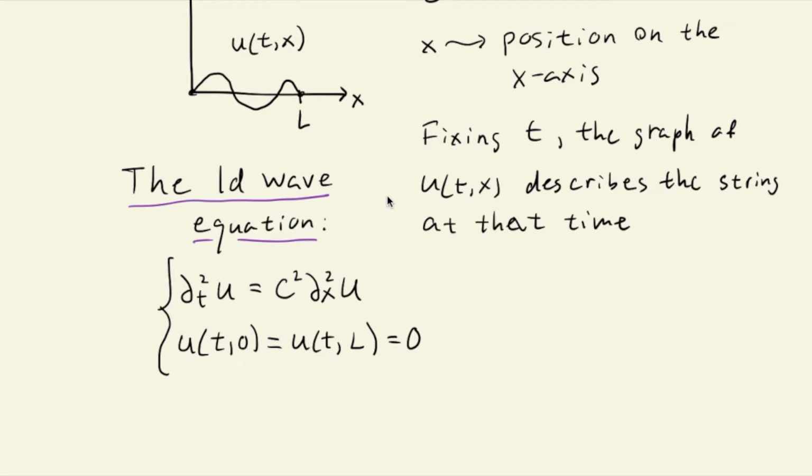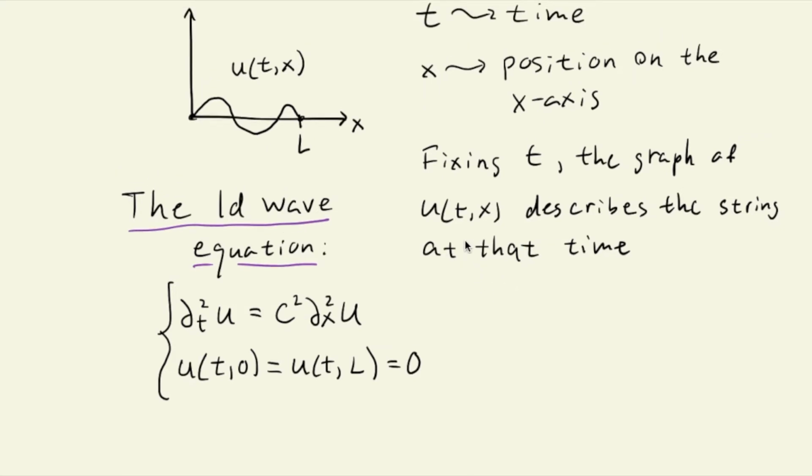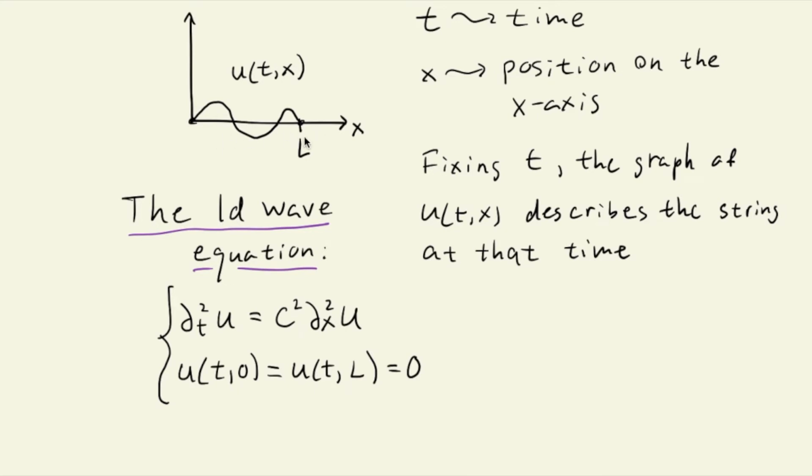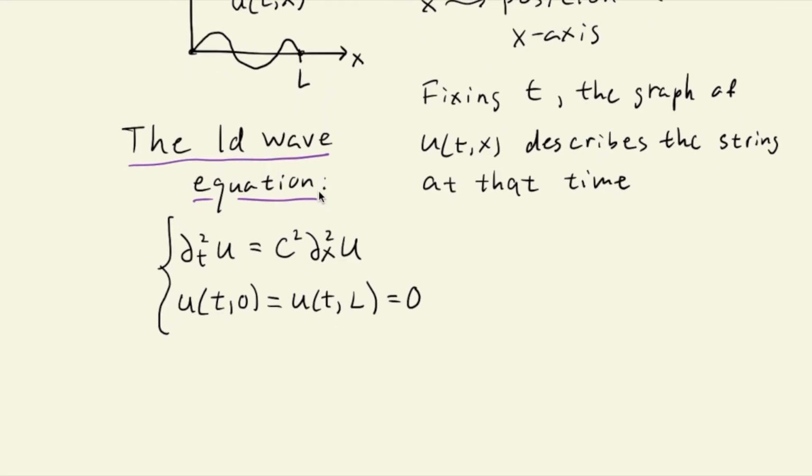Now we want to talk about the two-dimensional version of this equation. The setup is going to be quite similar, but the difference now is that instead of having one variable x to describe the string, we're going to have a membrane which is two-dimensional, and so we're going to need two variables to describe the membrane.